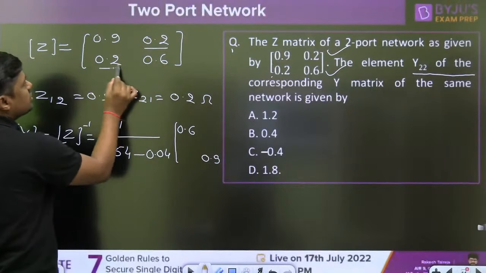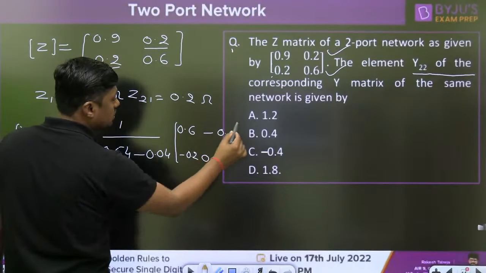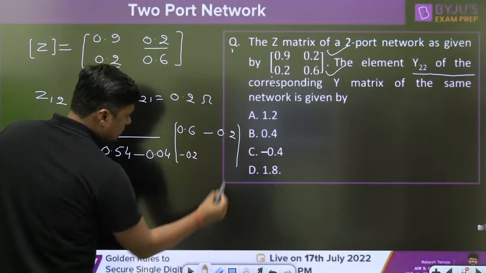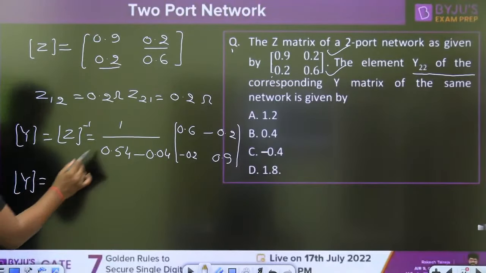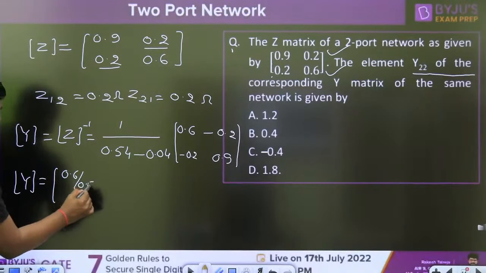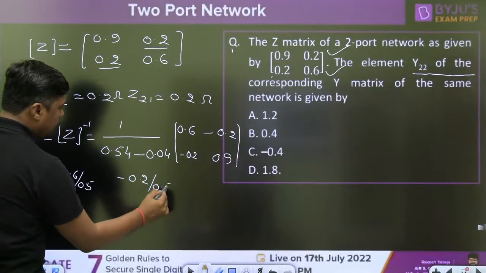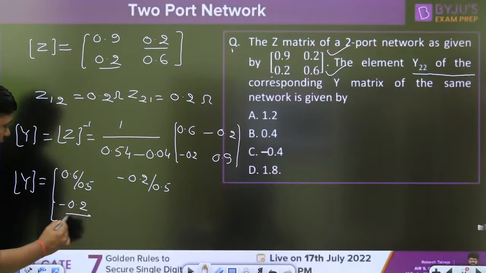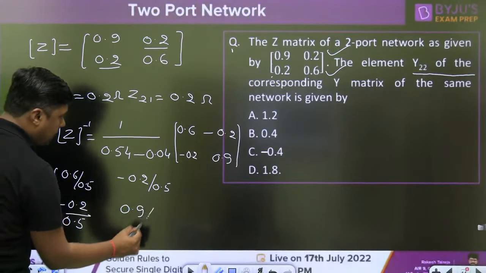Change the sign of these two: minus 0.2, minus 0.2. Now Y is 0.6 divided by 0.5, that is 1.2. Minus 0.2 divided by 0.5, that is minus 0.4. Minus 0.2 divided by 0.5, that is again minus 0.4, and 0.9 divided by 0.5.